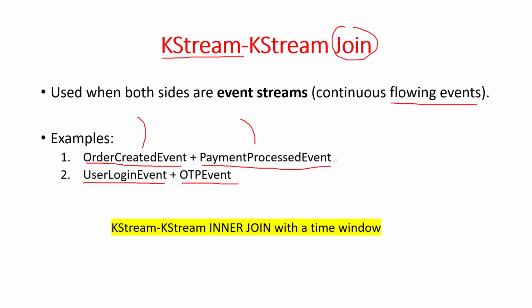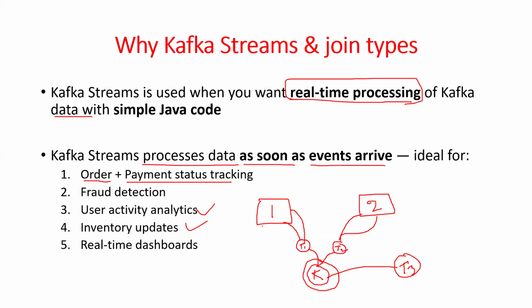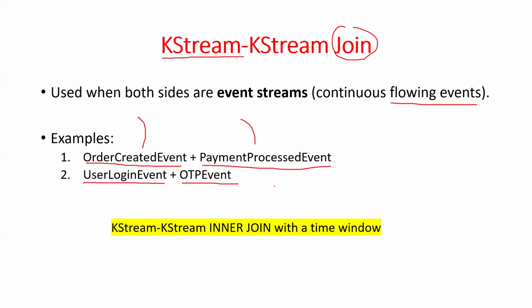Here, if you see in the previous slide, imagine the first microservice publishing the event may take 2 minutes. The second microservice will take 1 minute. Now 2 plus 1, how much time? Within 3 minutes, both events should arrive here. That is called an inner join with a time window.